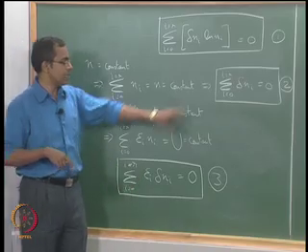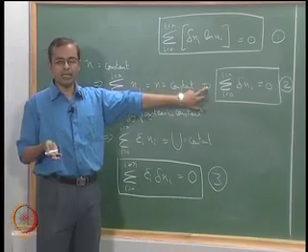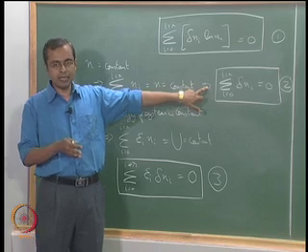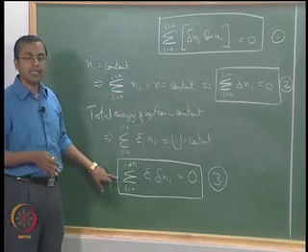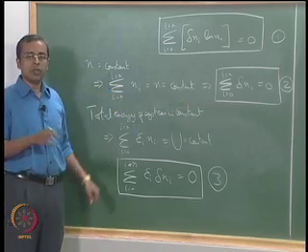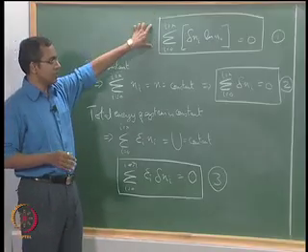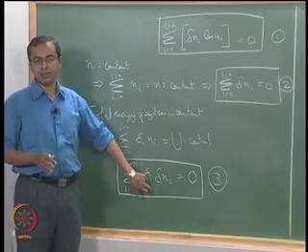The total number of particles in the system is conserved, so you cannot raise or decrease the number of particles. Total energy in the system is also conserved, so you cannot raise or decrease the energy of the system. So we are trying to maximize a function subject to these 2 constraints.